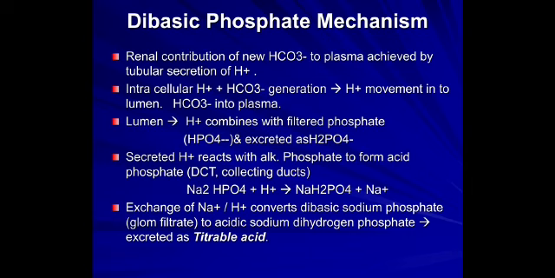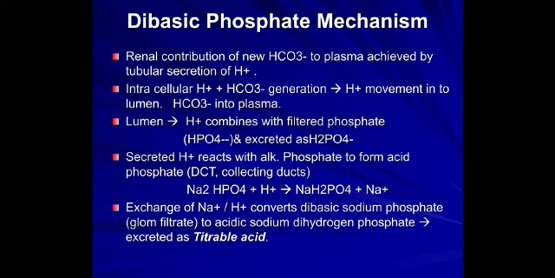In the lumen, the secreted hydrogen combines with filtered phosphate, HPO4, and is excreted as phosphoric acid. The secreted hydrogen reacts with alkaline phosphate to form acid phosphate, where disodium hydrogen phosphate combines with hydrogen to form dibasic phosphate.